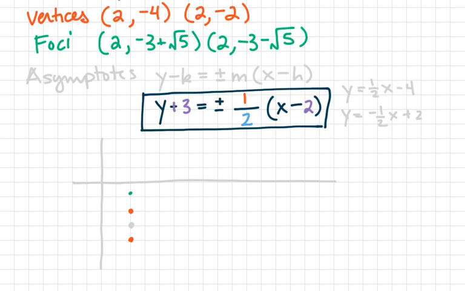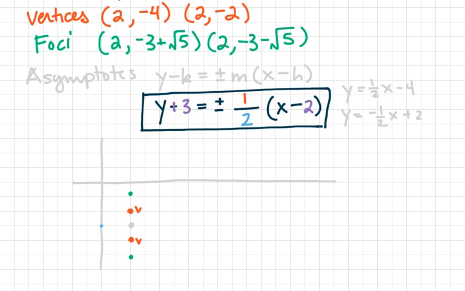So 2.2 might be around here and around there. So now my vertices, those are my really important pieces that my graph is going to pass through. And in order for me to finish sketching this, I'm going to use my b value, which was 2, to help me draw my little square. So that means I'm going to shift 2 left and 2 right.